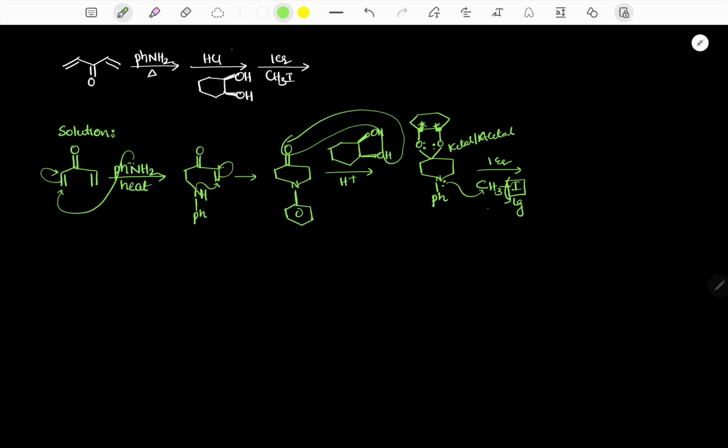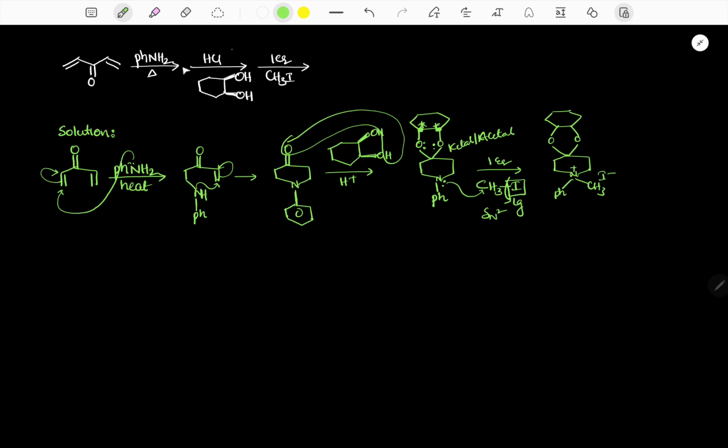Therefore SN2 reaction takes place and the corresponding product is benzene, methyl plus I minus and corresponding ketone. It is our final product.